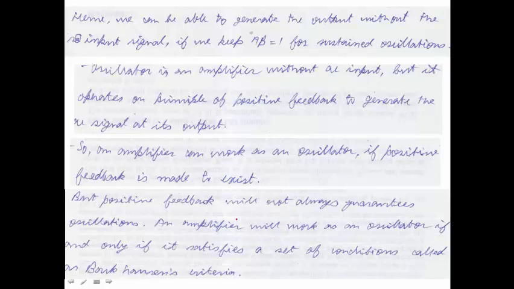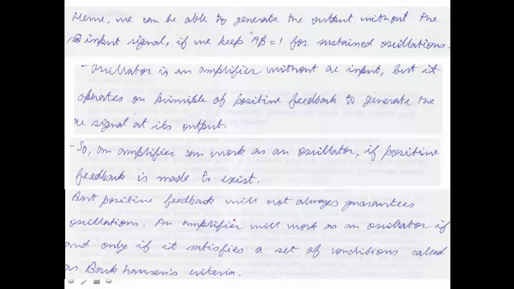Usually the amplifier circuit consists of two things. Particularly in a negative feedback amplifier, we use an amplifier and a feedback network. If we somehow get positive feedback out of these two components, then we can generate oscillations out of it.